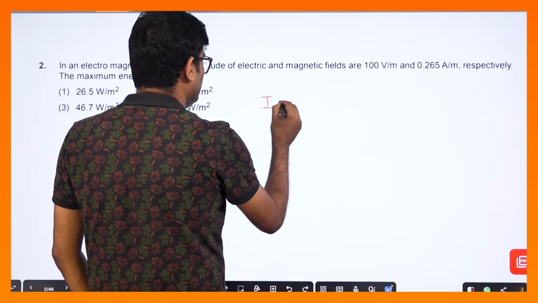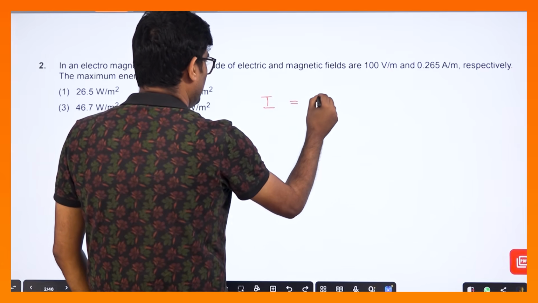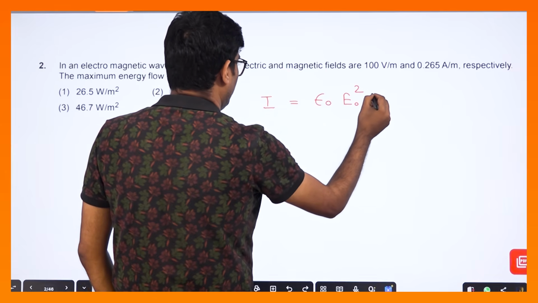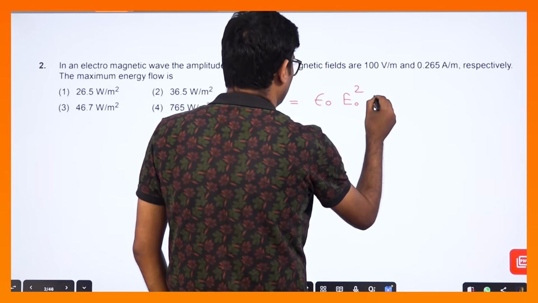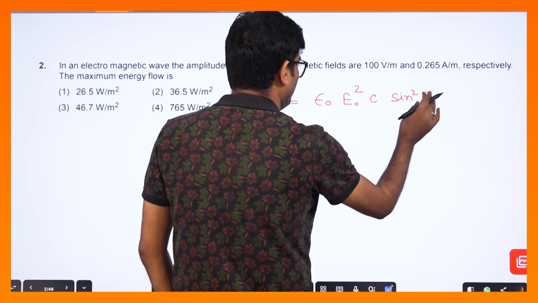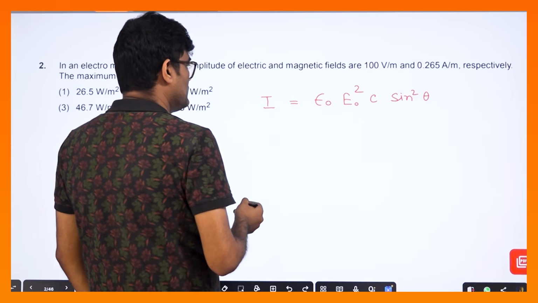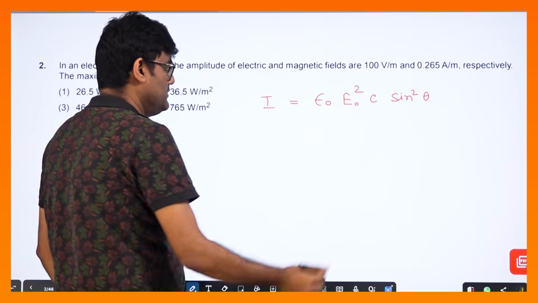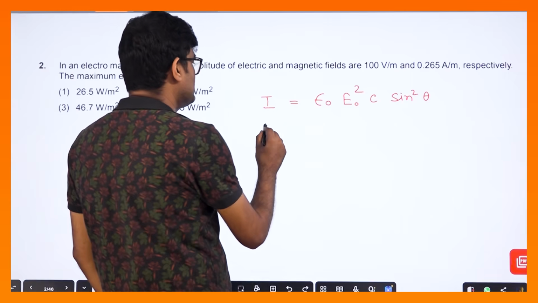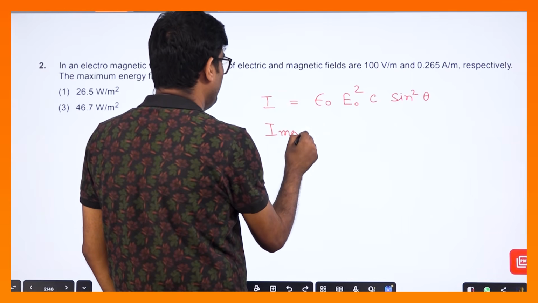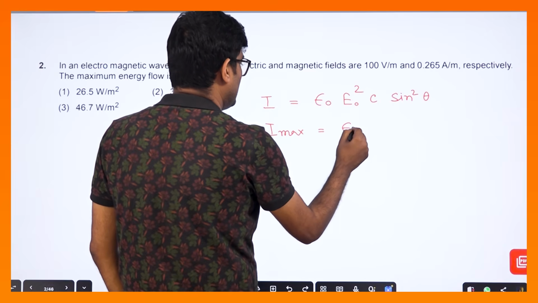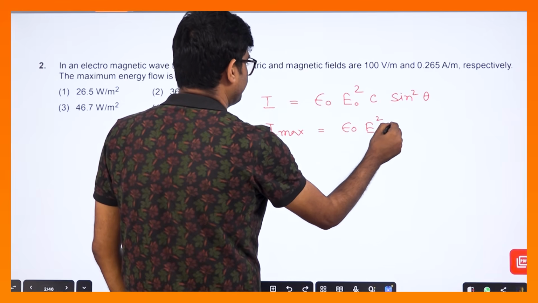We know that intensity in electromagnetic wave is equal to epsilon into E naught square into C into sine square theta, whatever it is, omega t minus kx, something like that. So its average value we generally use, which is half epsilon E square into C, but the question is asking for maximum value. So what is the maximum value of intensity? I know that sine square theta has a maximum value of 1. So it is epsilon E naught square into C.